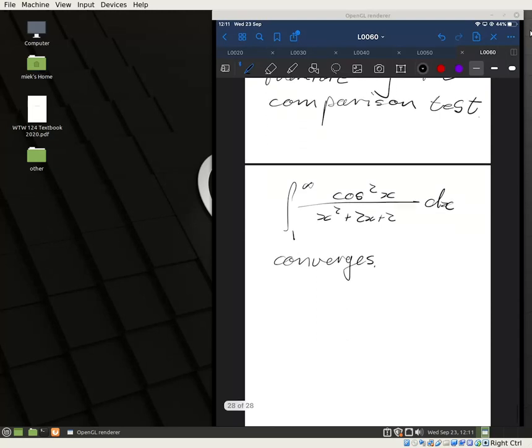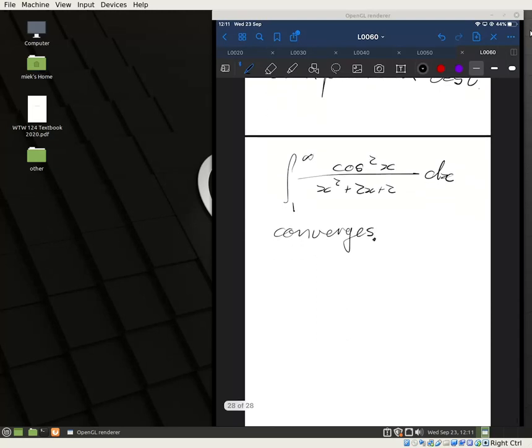We do not know what its value is, but we at least know that it converges, so this limit exists and is finite.